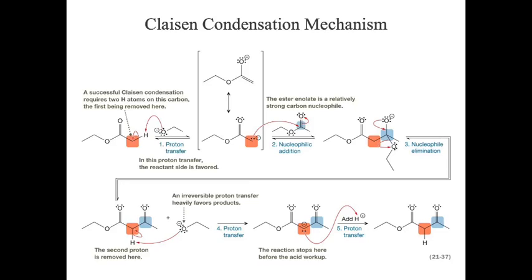Without that step, we do not get a Claisen result. Okay? Which means if we look at the overall reaction, how many hydrogens need to be removed from our starting ester? 2. Right? You have to have 2 alpha hydrogens on your ester. If you don't have that, you don't get the Claisen.